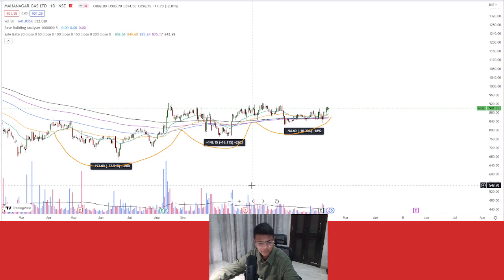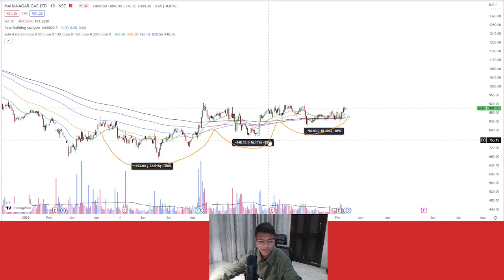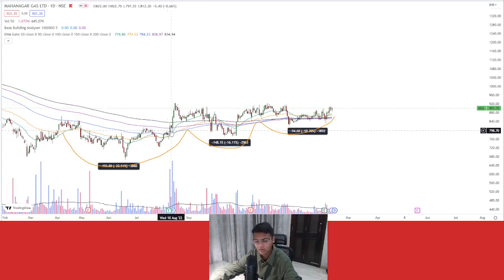Okay, so what we can see is during this accumulation period, the volume has been more or less slow. In some cases, it has been above the 20-day moving average, but if you look at it closely, the volume has been more at some pivotal points. The swings which we had marked have the most amount of volume.